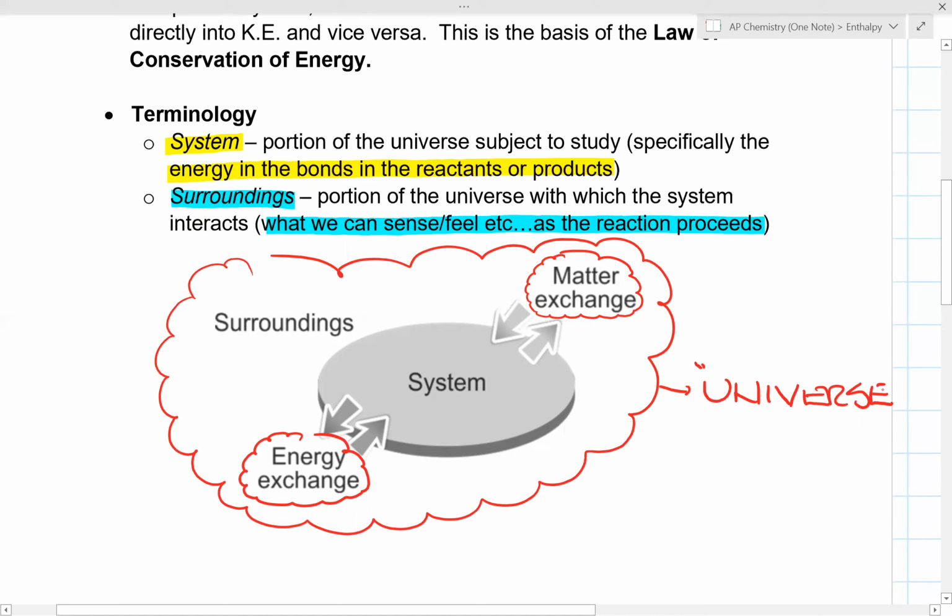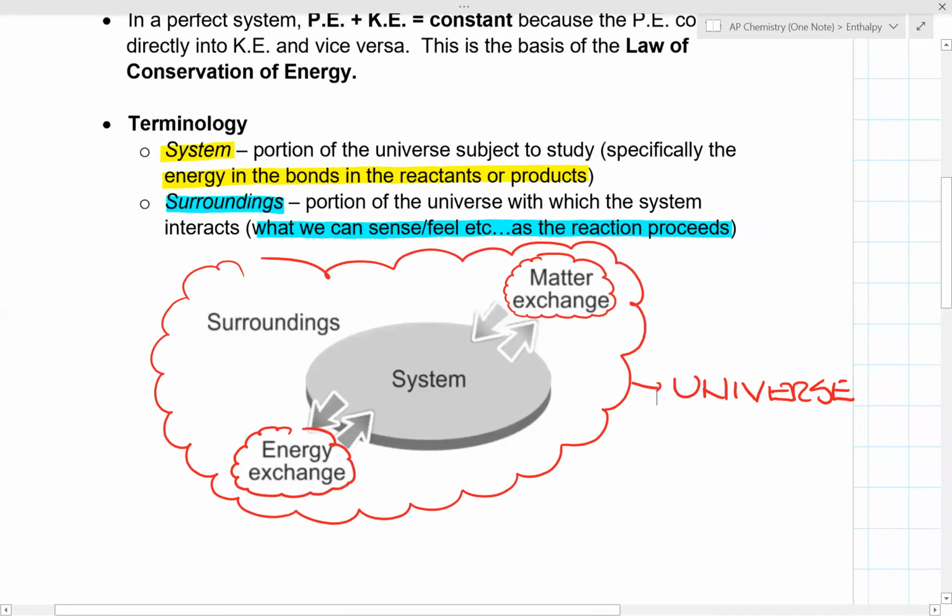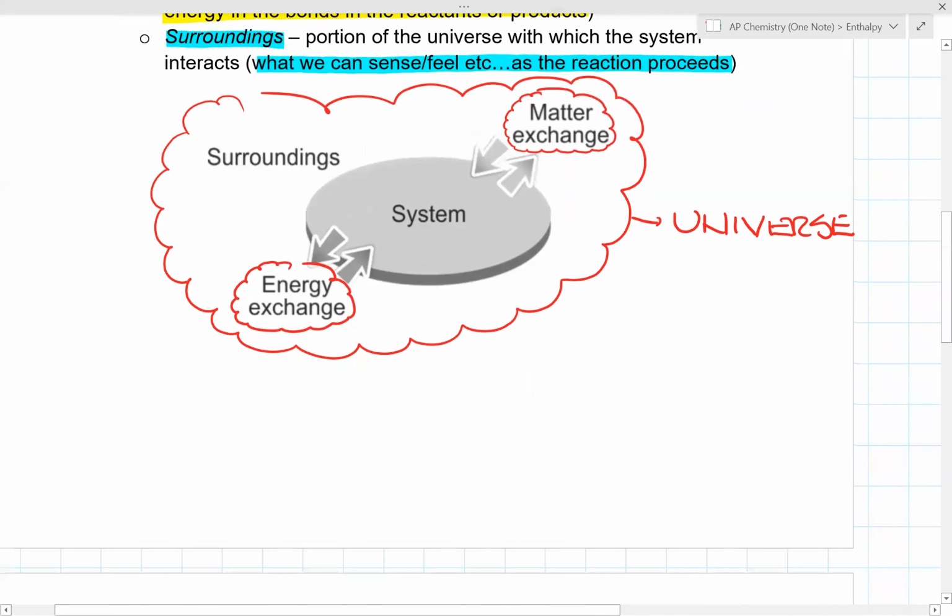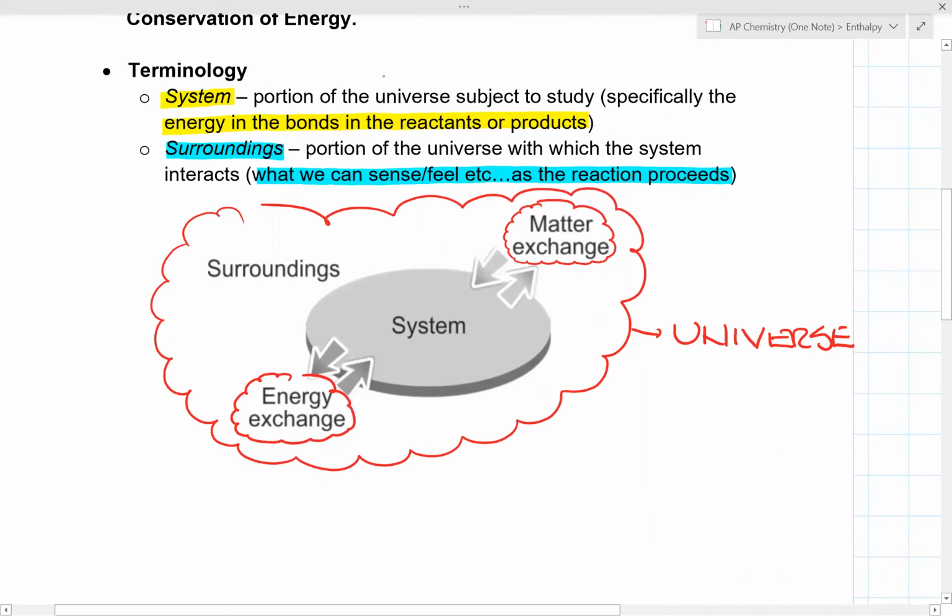So when we talk about the universe, we talk about the system and the surroundings and how they interact with each other. We've used that term before: the universe subject to study, or the universe with which the system interacts, a portion of the universe.